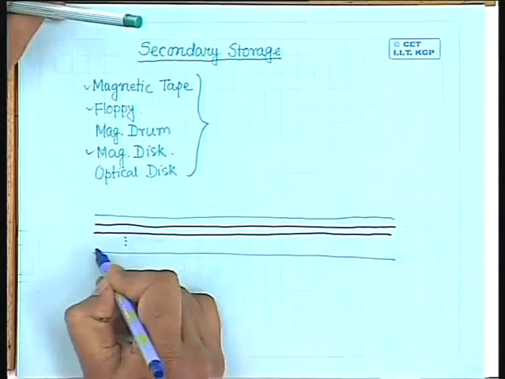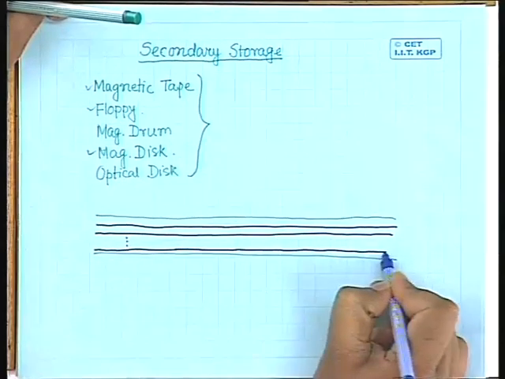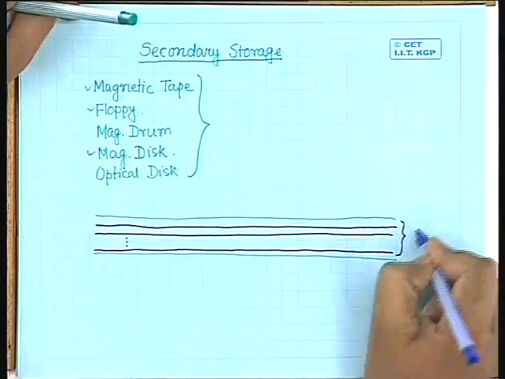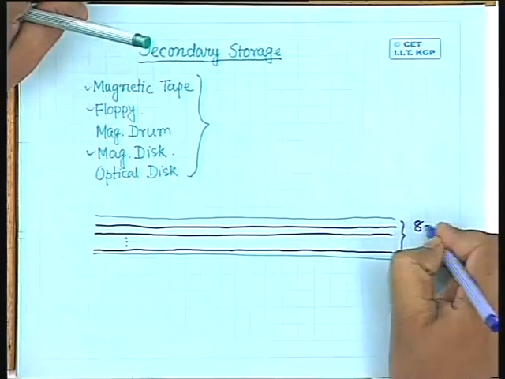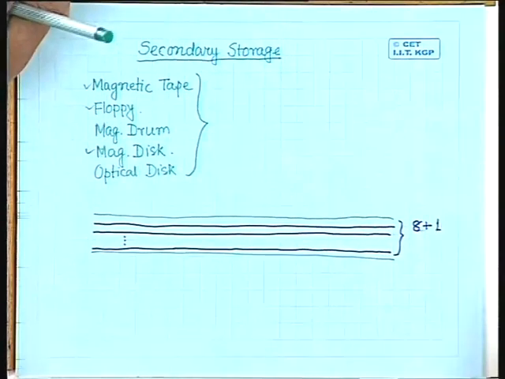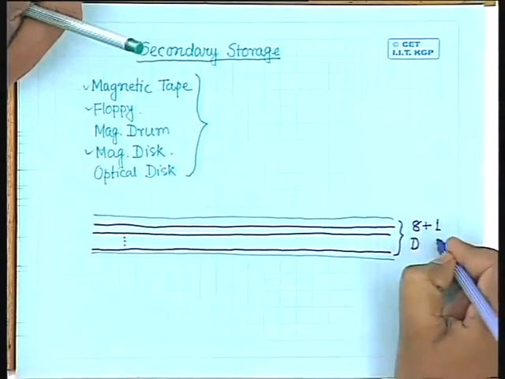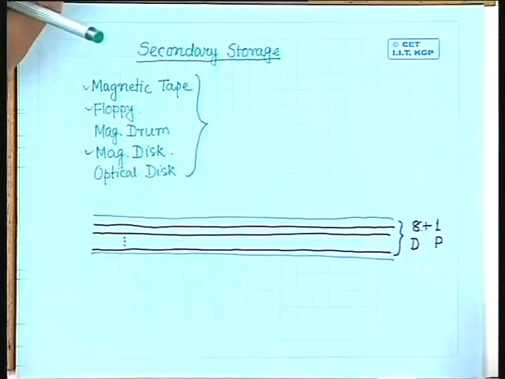These are the tracks which contain the data. Typically, we have 8 tracks containing the data bits and 1 track which contains the parity bit, to check the correctness of the data.